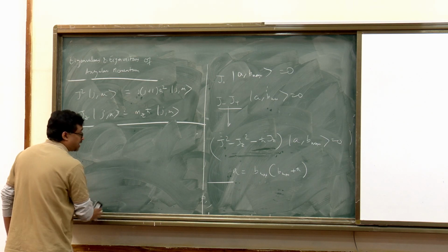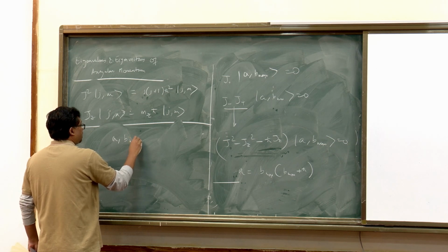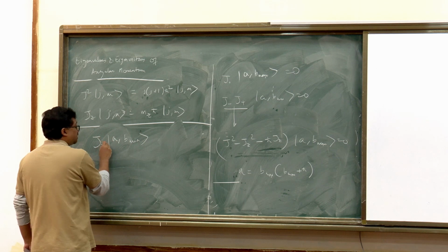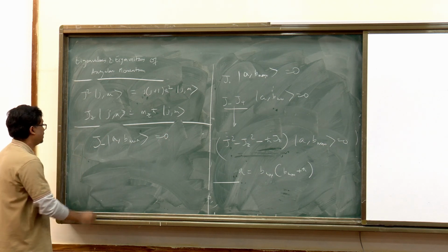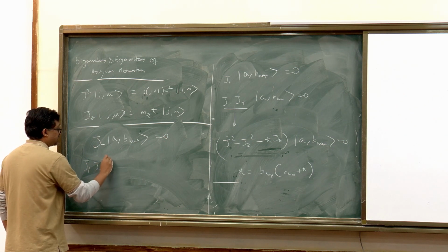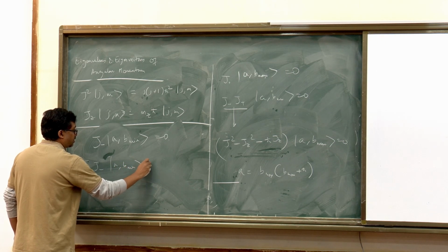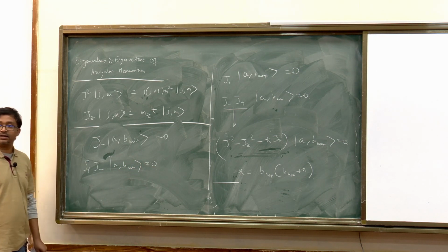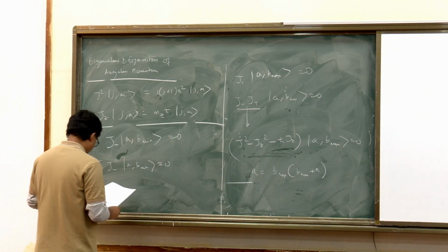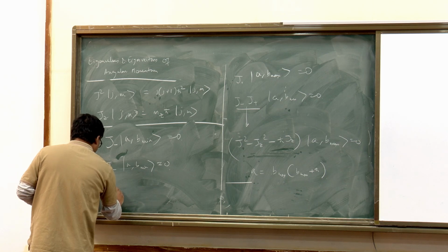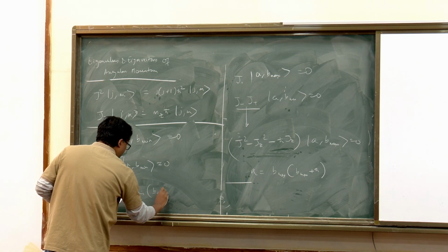Let us play the same game with B min. We start with B min and operate with j minus, and we will get 0. Then we operate with j plus j minus on A B min, work out the algebra, and get a similar form, and then we will get A equal to B min times (B min minus h bar).